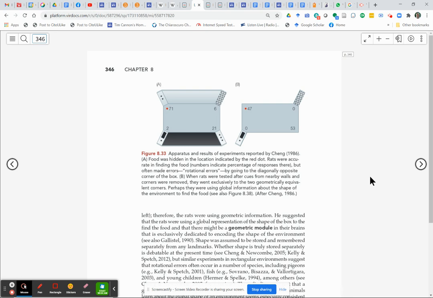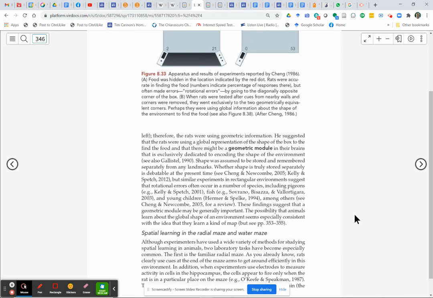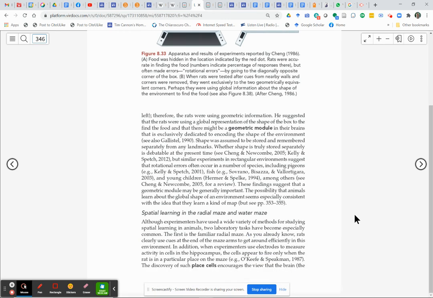I don't have pictures of this, but geometric module. There's a number of studies here that deal with the geometry of something that obviously is not circular typically, and how animals use these cues, and place cells.